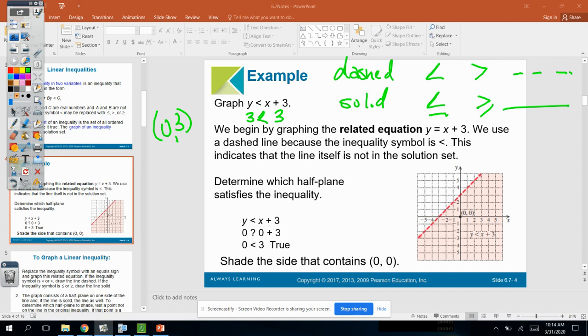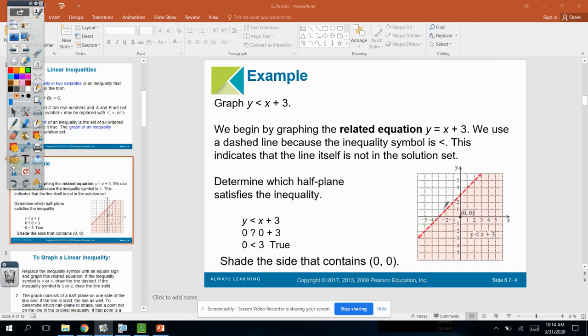Now, they suggest that you just graph the related equation, that boundary line, and then pick a point. For example, 0, 0 is always very easy to pick because you're either going to be on the top or the bottom. And if 0, 0 makes it true, then you shade it down here. If 0, 0 made it false, then you would shade up here.